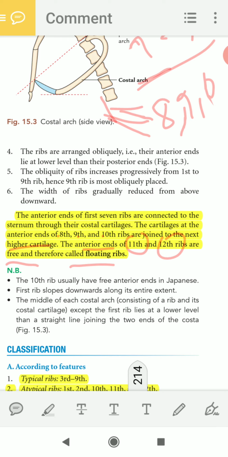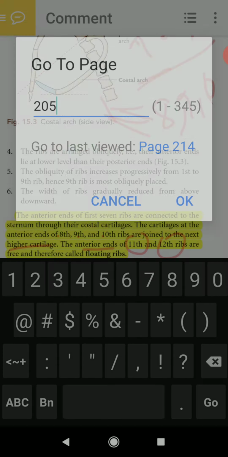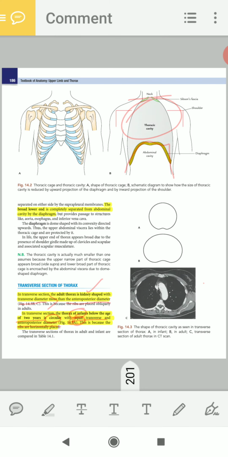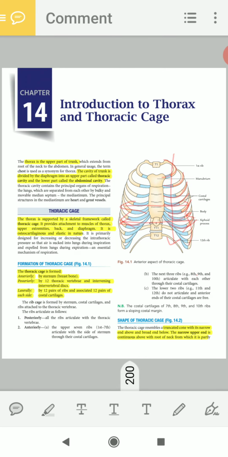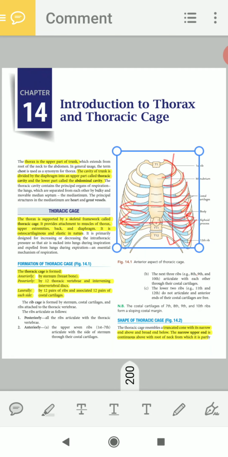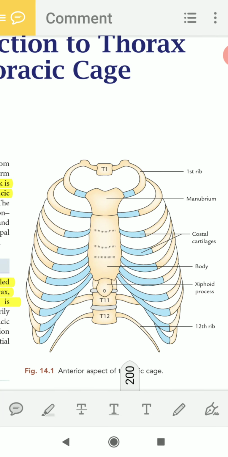So let's see. Okay, so if you see from this picture, we are talking about the first 7 ribs.